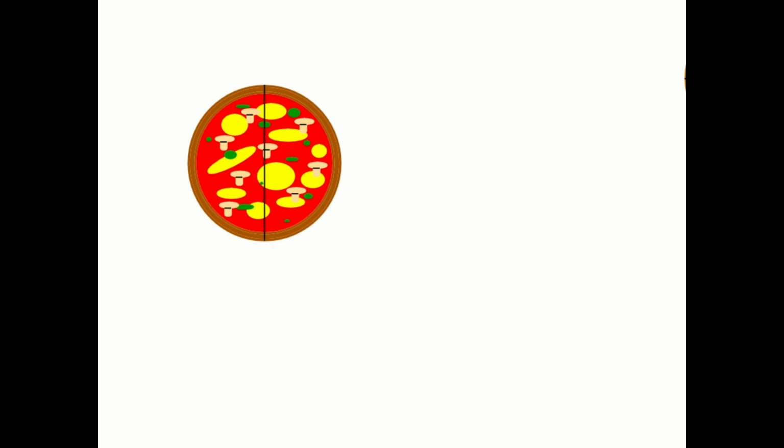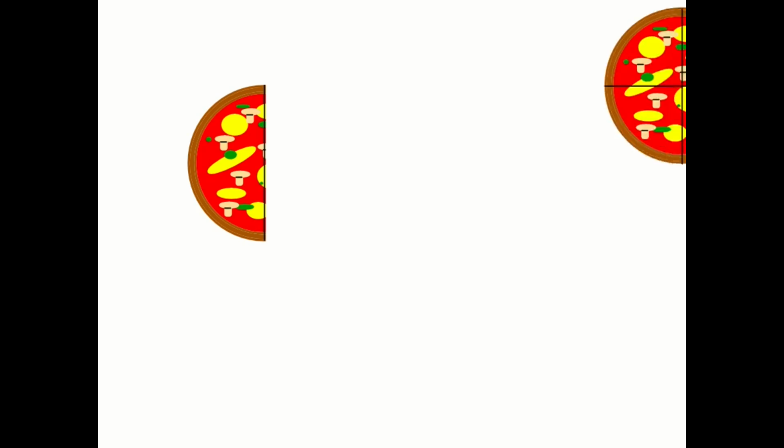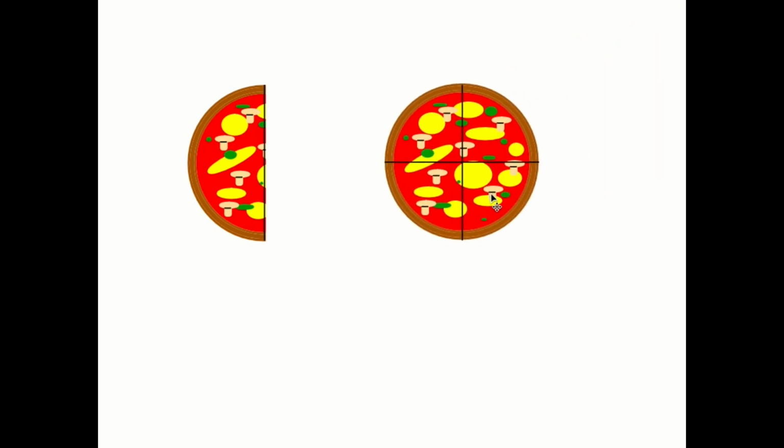Now, if in the school canteen you were given 1/2 as a portion for your lunch, then you would get exactly the same amount if that pizza had been split into 4 and you got 2 of those 4 slices.